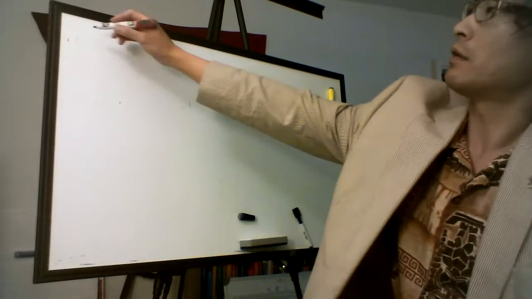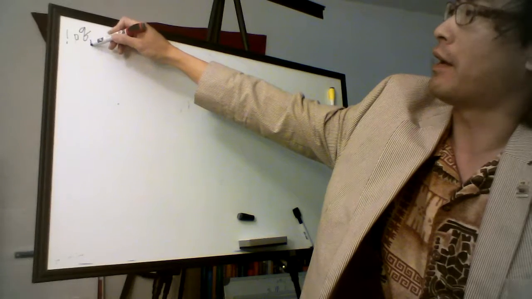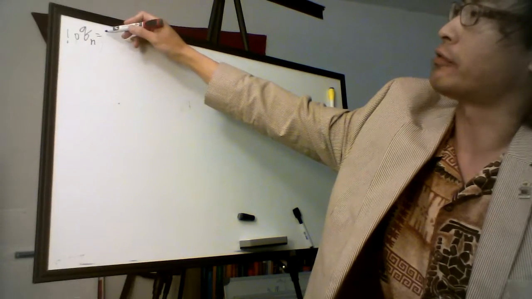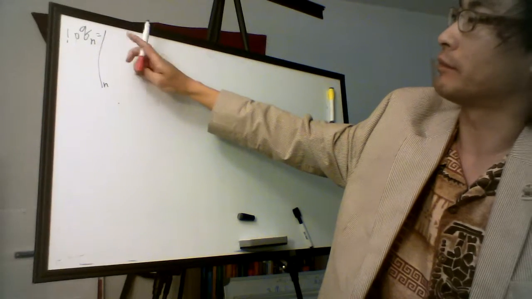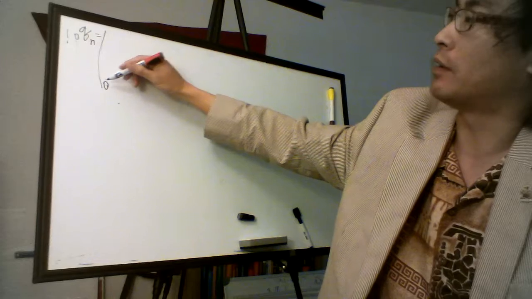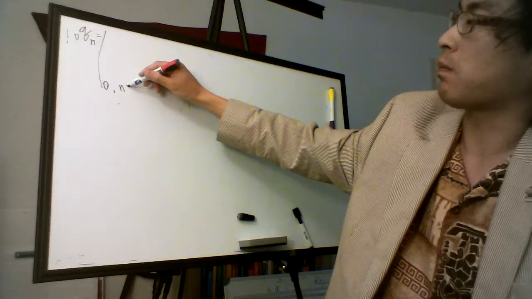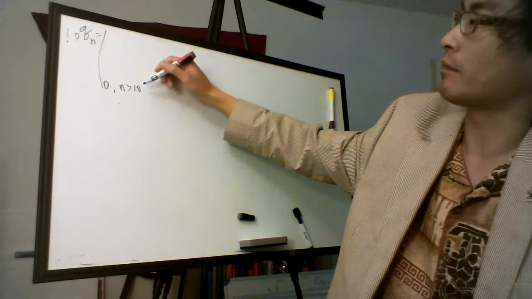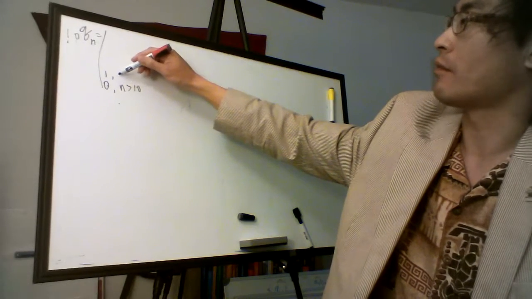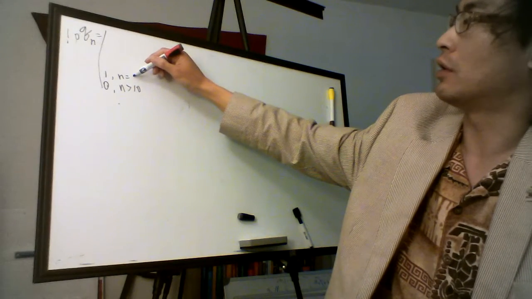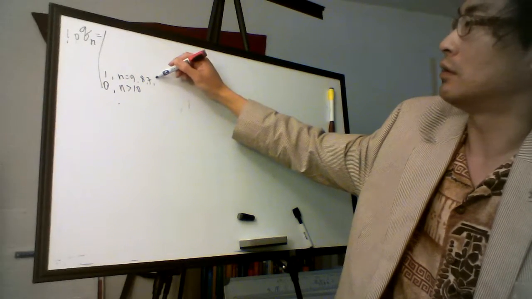So the quotient of 10 and n is equal to 0 when n is more than 10. It's 1 when n is equal to 9, 8, 7, 6.